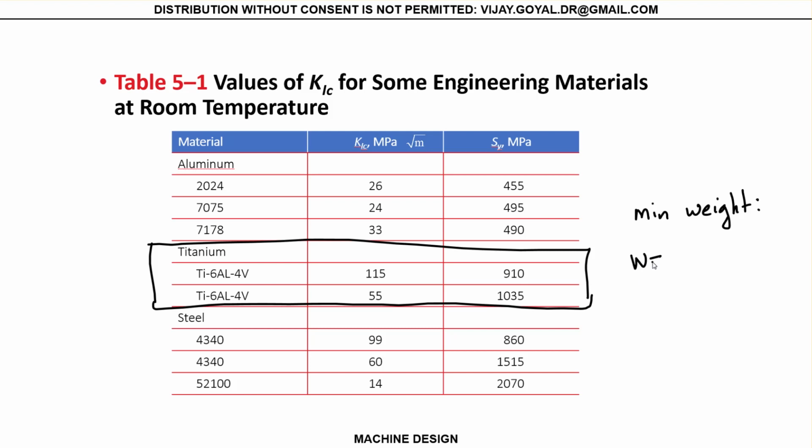So weight is equal to mass times gravity. Gravity cannot be changed. So it's the density times volume times g. Then density, this volume is 2 times h, b times t times g.